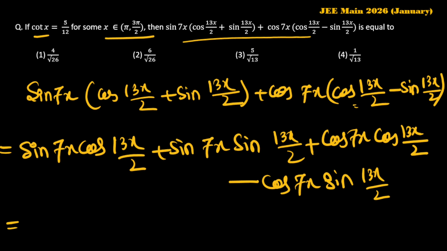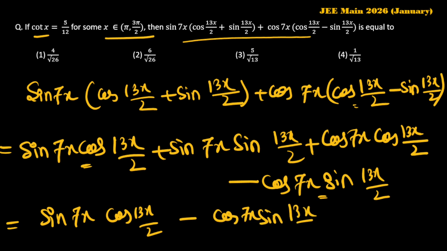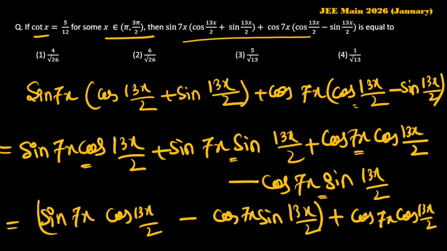We arrange sin 7x cos 13x/2 and cos 7x sin 13x/2 together, because we use one formula here. I will discuss the formula later. Now the second and third terms: cos 7x cos 13x/2, and the last term sin 7x sin 13x/2.